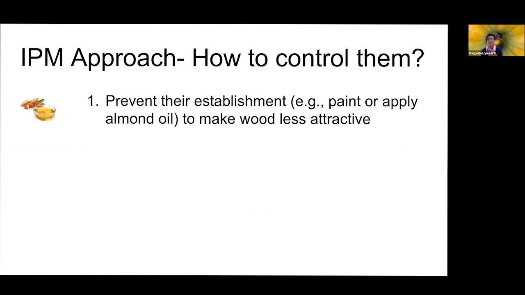So carpenter bees like soft, natural wood, and if the wood is painted, oftentimes that makes the wood less attractive. If there is no opportunity to paint the wood, you can use oil, so almond oil or citric oils that also make the wood less attractive. So if you prevent their establishment, most likely you're not going to have problems with them.